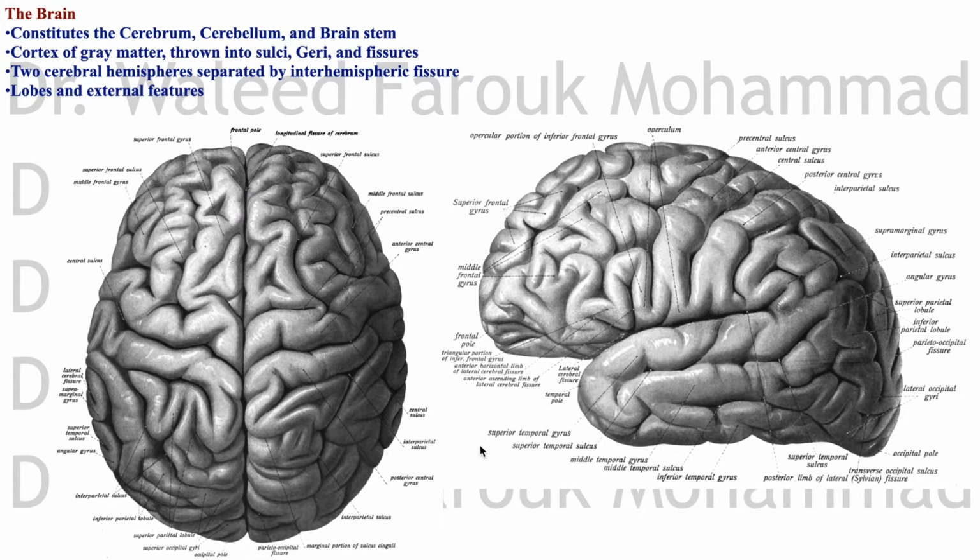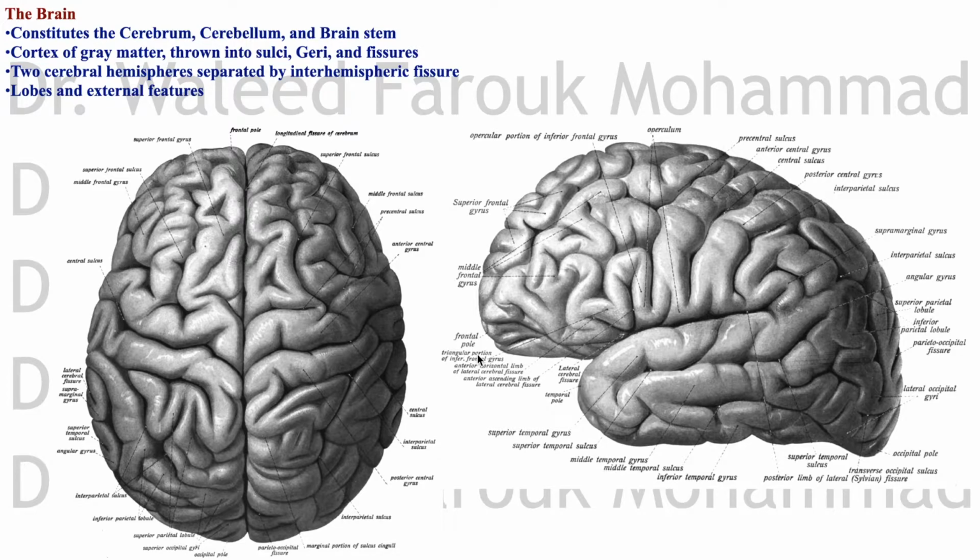So this is anterior and this is posterior. The two cerebral hemispheres are separated by the interhemispheric fissure, the one you see here. This is the interhemispheric fissure. Okay, so now you divided the brain into two cerebral hemispheres.